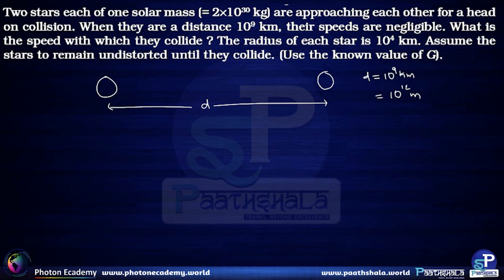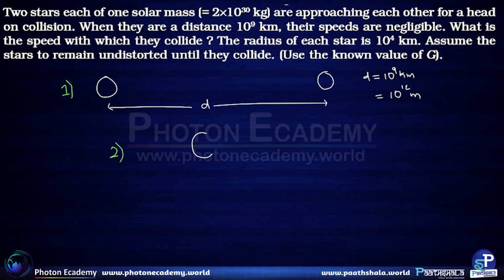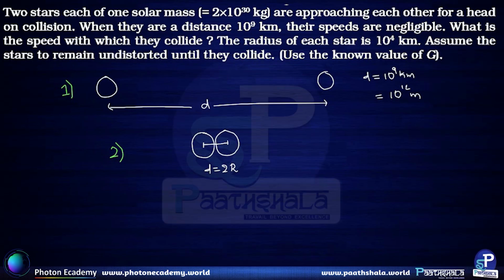Let's say this is state 1, the initial state, and in the final state, state 2, this is just before the collision. They come tangential to each other, and the distance between the two centers of mass will be equal to 2 times the radius, and the radius is given as 10^4. So the distance between the two centers is going to be 2 into 10^7 meters.